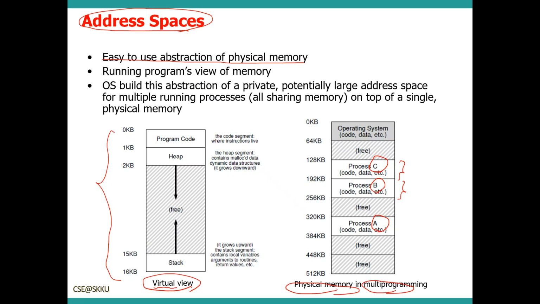This is the virtualized memory view. This is the running program's view of memory, but in a real system, the operating system builds this abstraction of a private and potentially large address space for multiple running processes on top of a single physical memory.